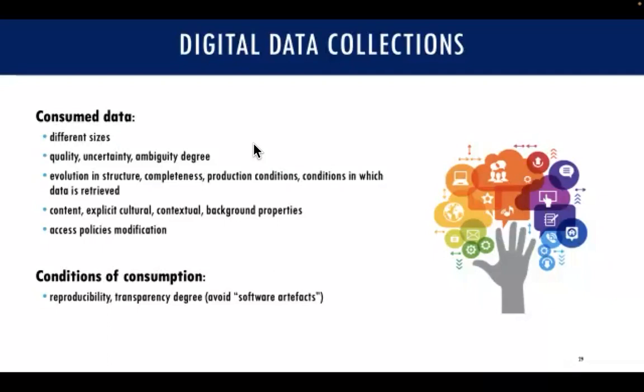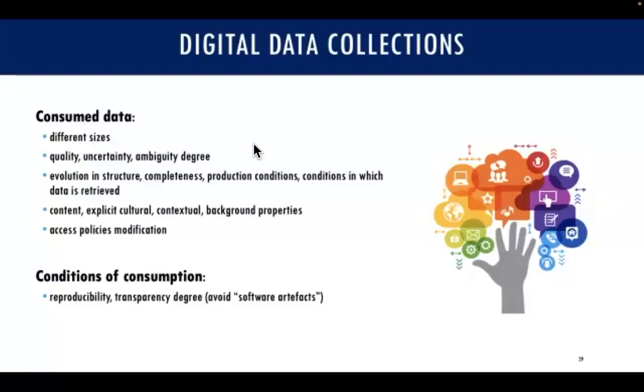Then I also have to know whether the data which is produced evolves in its structure, in its completeness, and in the way it is retrieved. The whole context that surrounds the way the data are collected is very important.